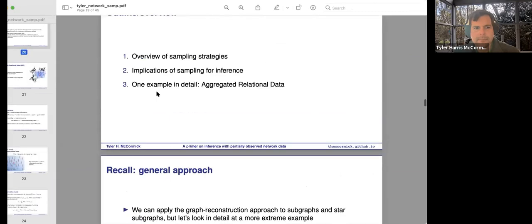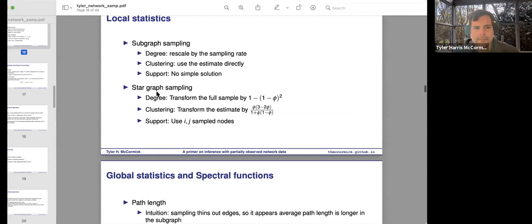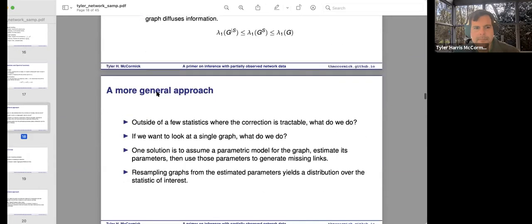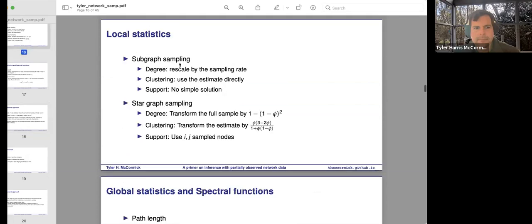So there are these two approaches that I talked about in terms of how we could think about adjusting for sampling. One approach is the one from Chandrasekhar and Lewis, which is the predominant one: think about a particular statistic and work out the implications of a particular design on the required adjustment for that particular statistic.